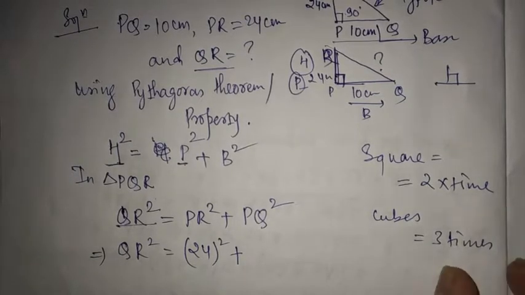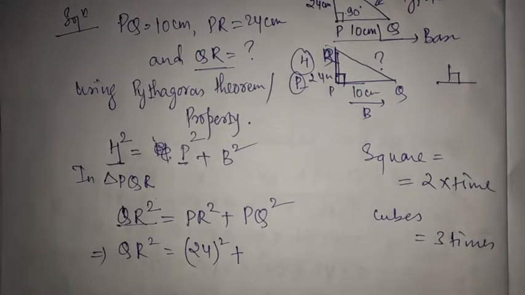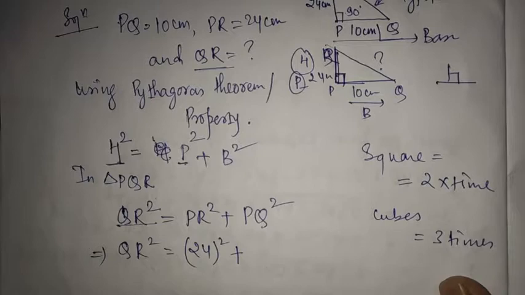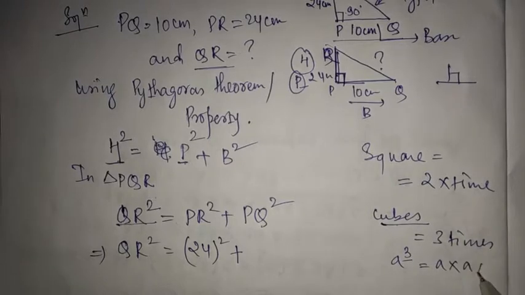We are going to discuss this thing in exponents in the next video. After completion of this we are going to start the new chapter, I forgot the number, but exponents, power and its exponent. Properties of exponents we are going to discuss. I guess chapter 13 it is. So cube means, if this is a cube, then it is a into a into a.